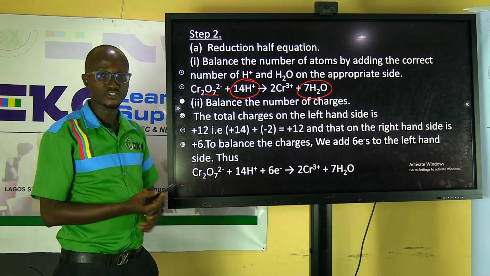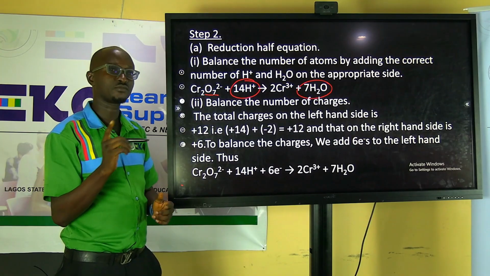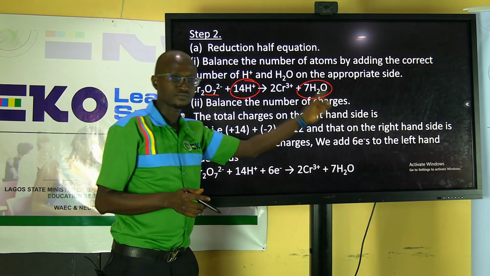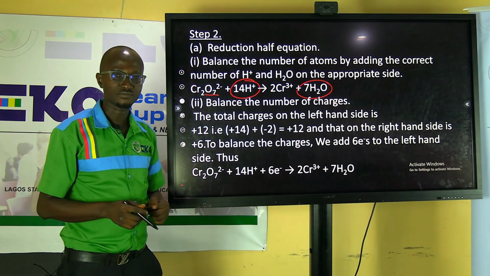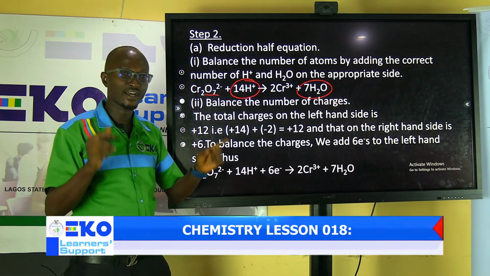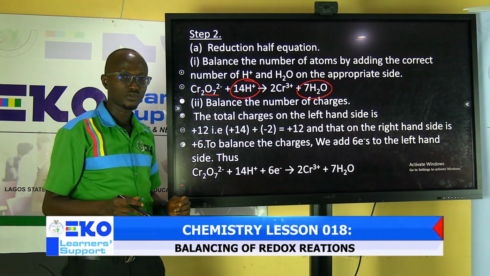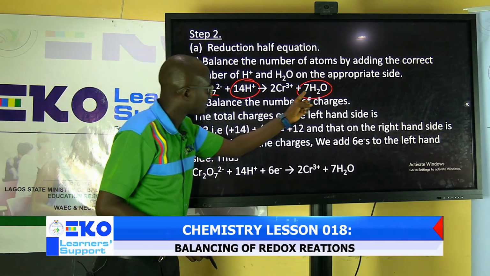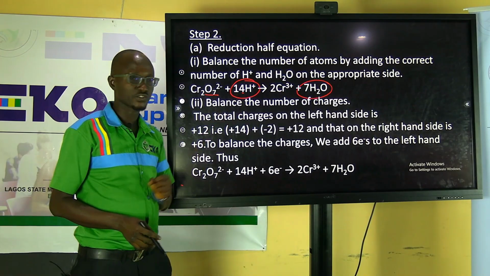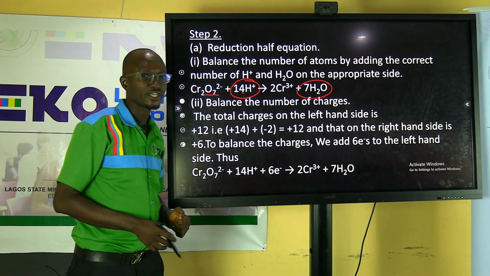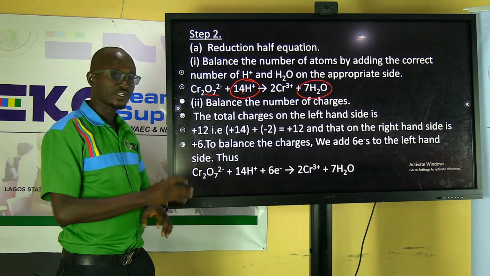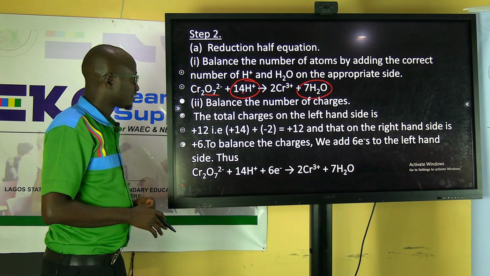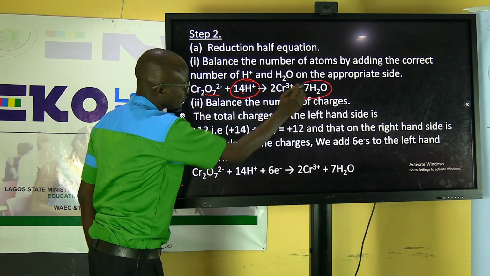How do we balance hydrogen? No, not by adding water. We balance oxygen by adding water, but we balance hydrogen by adding hydrogen ions. That is the rule. We balance hydrogen by adding hydrogen what? Ions. So that's why there is 14H+ here, students. So you can see it is balanced now. That is how this step was derived.